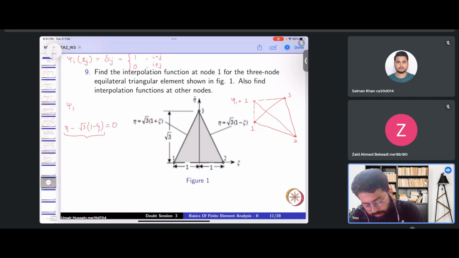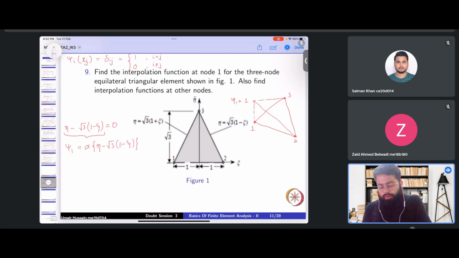So this means that psi 1 can be equal to some constant times eta minus root 3 times 1 minus zeta, right?